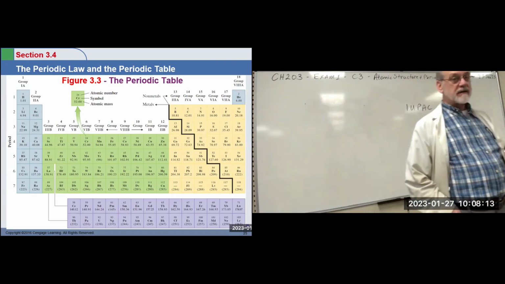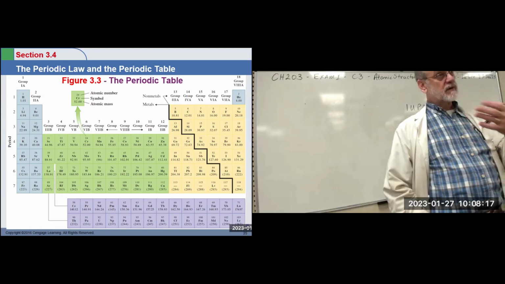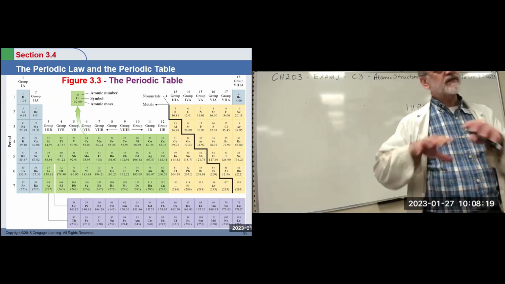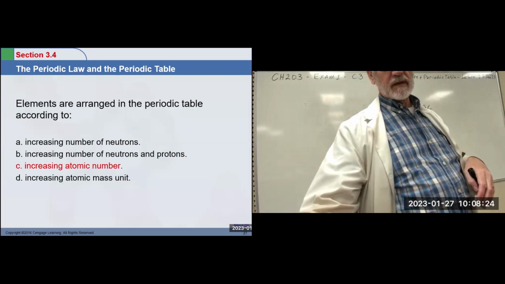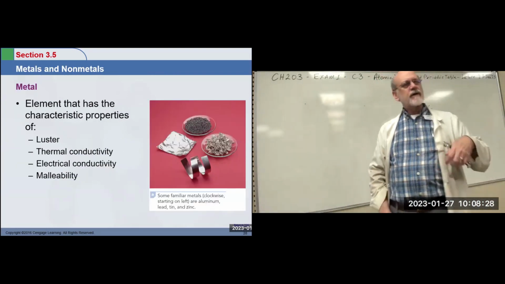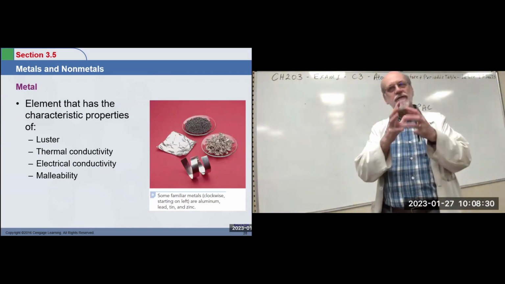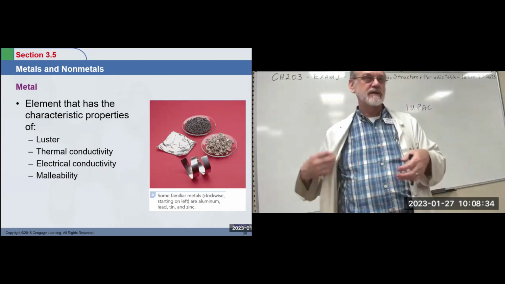And generally, the metals have certain characteristics and the non-metals have certain other characteristics that set them apart. Metals, if there's enough of them and you polish them, will have a luster, right? They'll be kind of shiny.